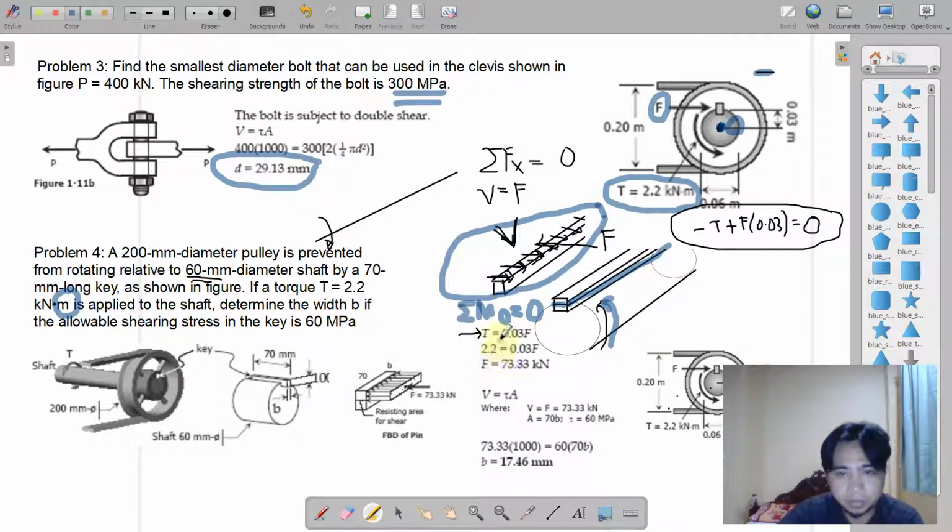So 2.2 here is in terms of kilonewton meter, and then again 0.03 is meter. So basically, if we perform this, we will come up with the force unit 73.33 kilonewton.